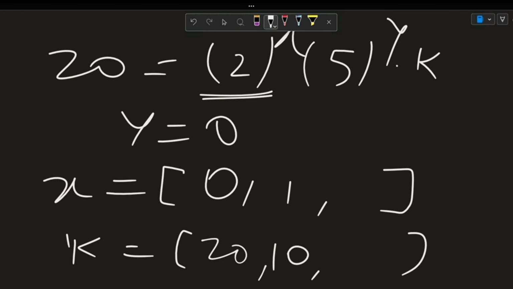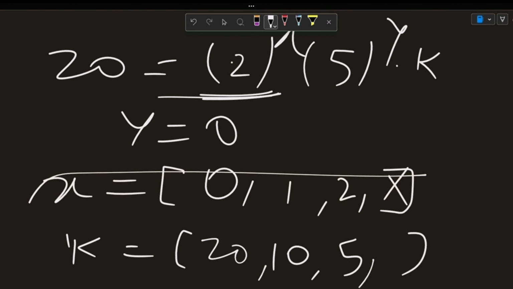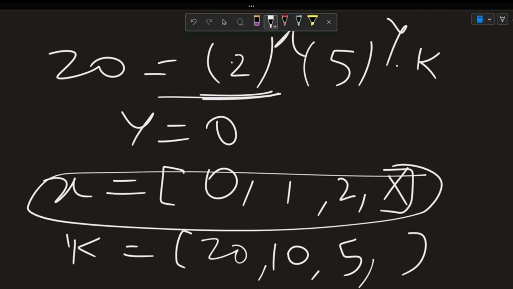If x is 2, it will give me 4. Now 20 divided by 4 is 5. If x is 3, it will give me 8, and 20 is not divisible by 8, so I will end the process here. So the possible values of x I got are 0, 1, 2.